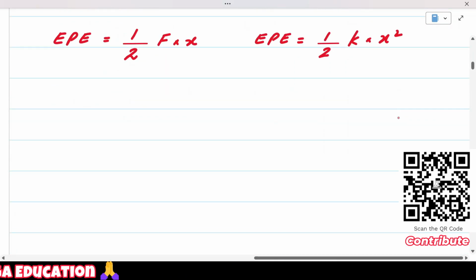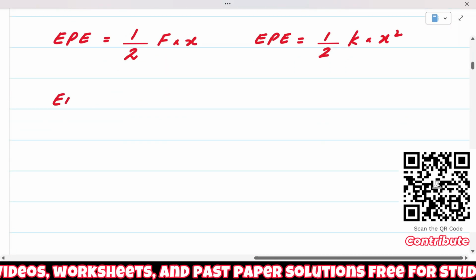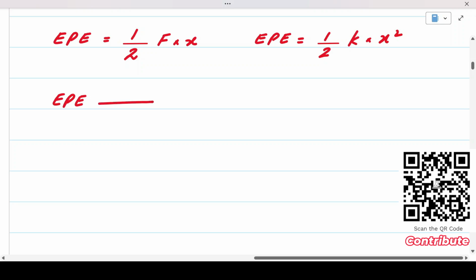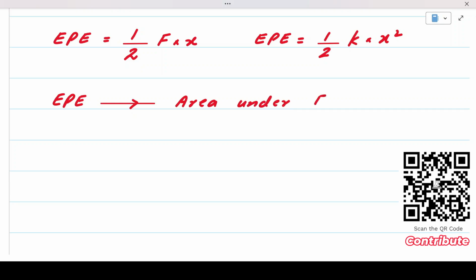Another formula of EPE, elastic potential energy, is area under the Fx graph, force extension graph.